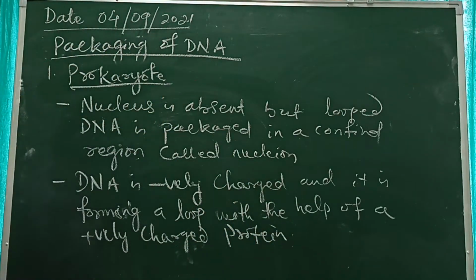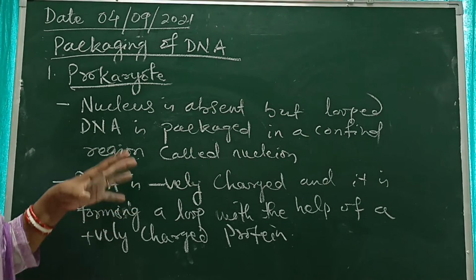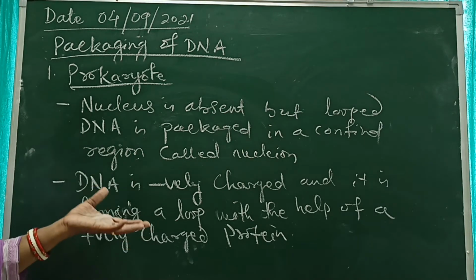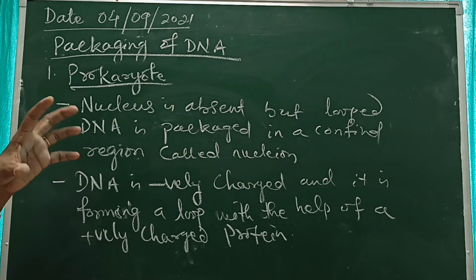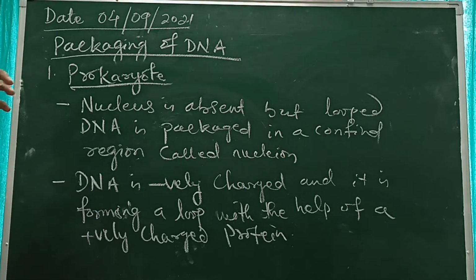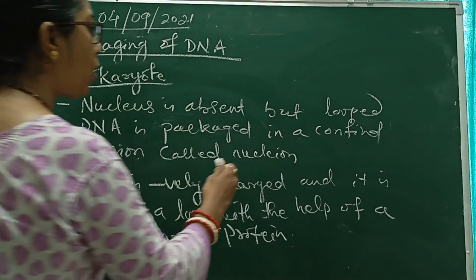Okay, so this is how the packaging of DNA in case of prokaryote is very simple. The negatively charged DNA is packaged with the positively charged protein. That's why it forms a looped structure and it is confined to a particular region that is called nucleoid.